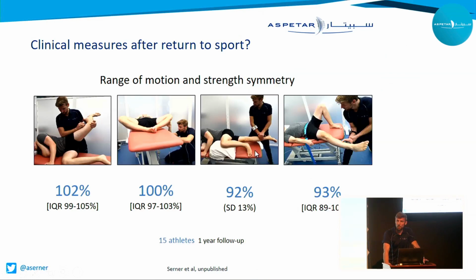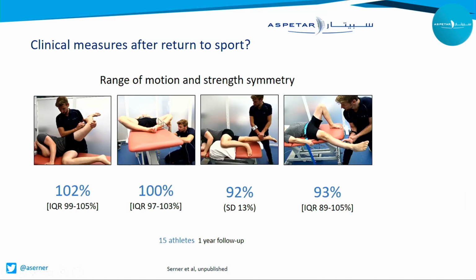So we did a bit more here in Aspetar. We got them in and we did both a clinical examination and an MRI. I'll start with a clinical examination, mainly pain-free. For the flexibility, we can see that the flexibility remained the same with around 100% symmetry.